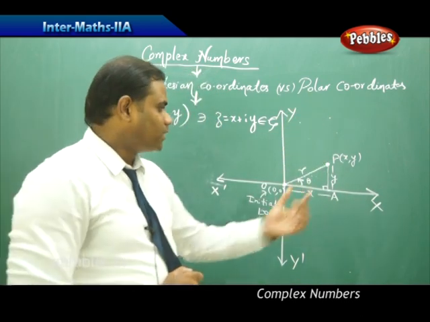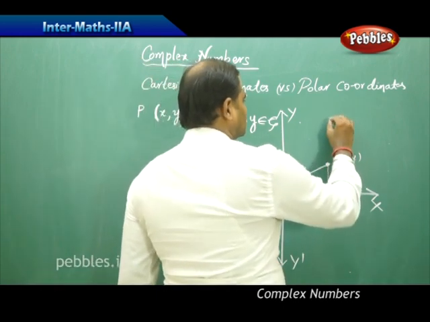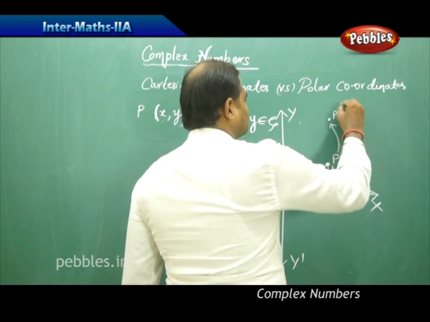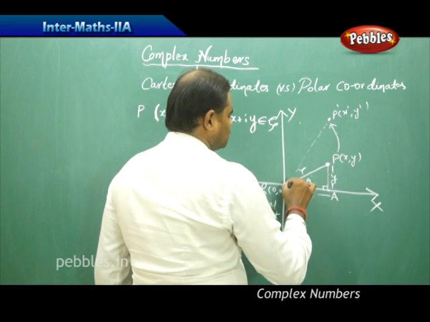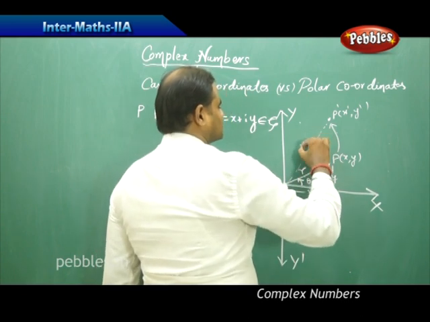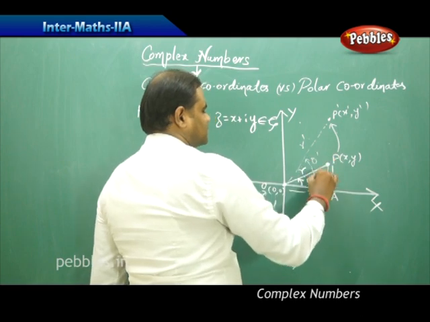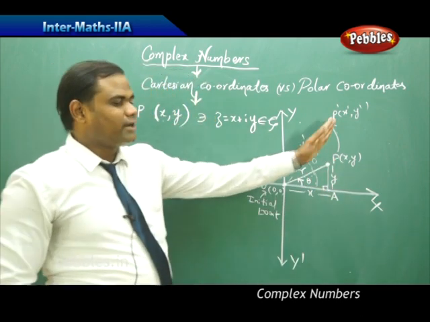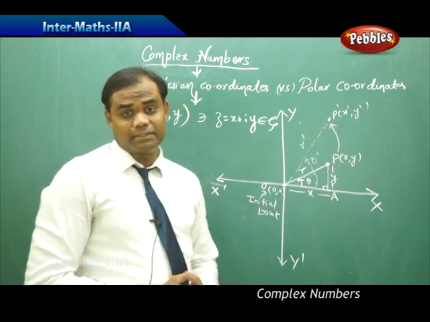Suppose my point P changes somewhere out here as P(x dash, y dash), then my new r will be this and my new angle will be theta dash.